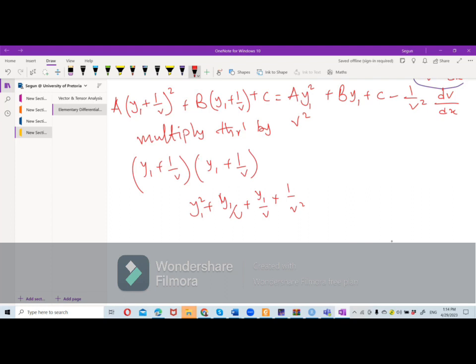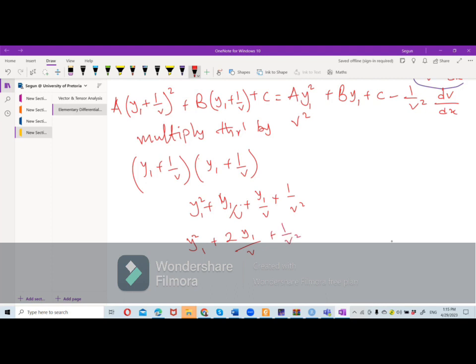So this particular term, you have y1 squared plus 2y1 over v plus 1 over v squared.